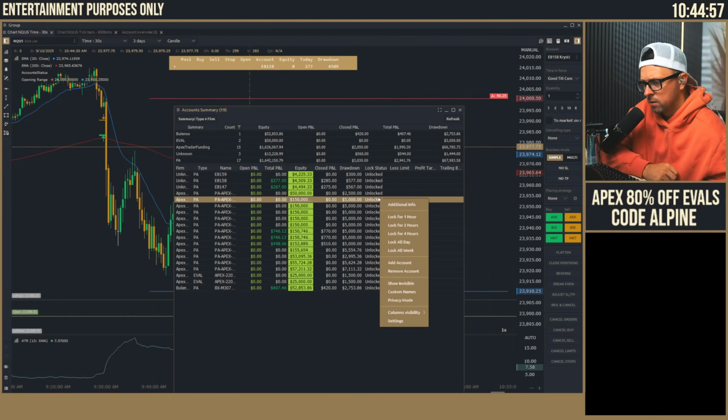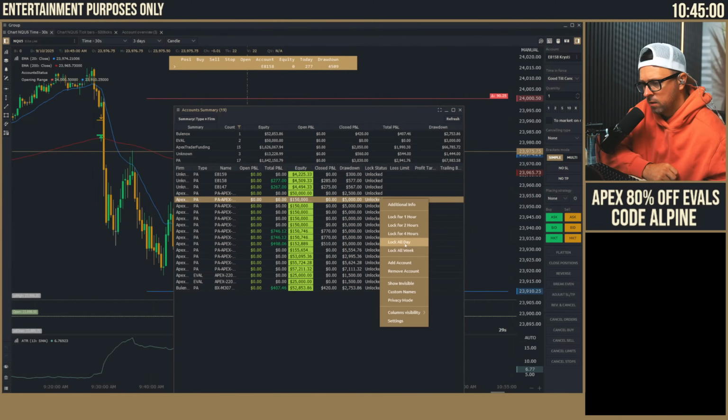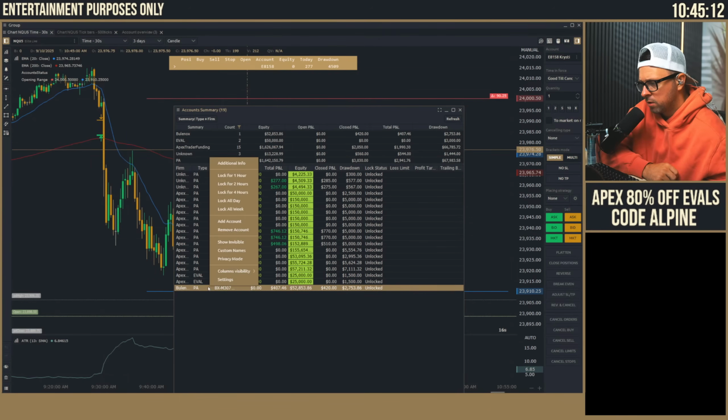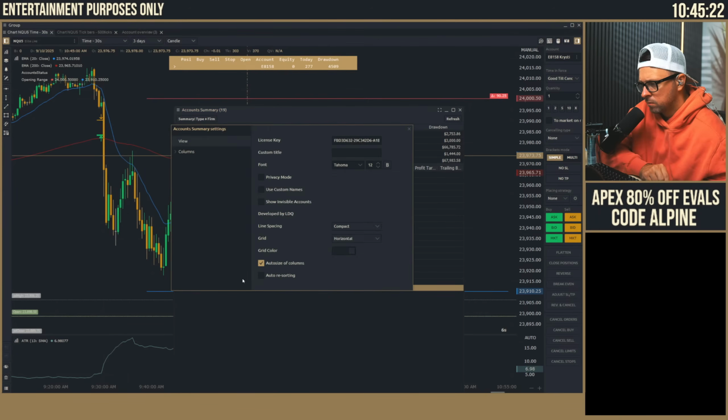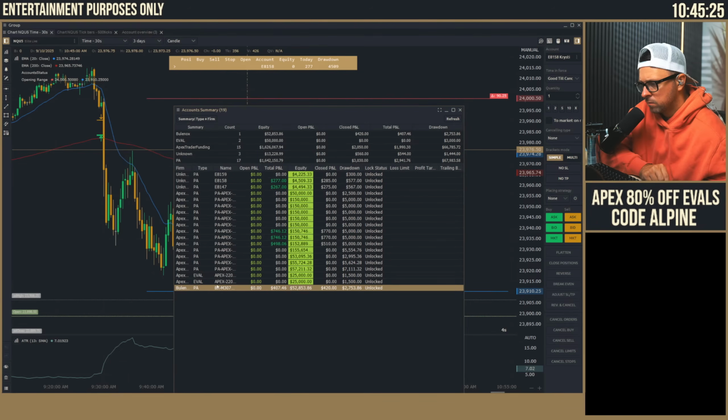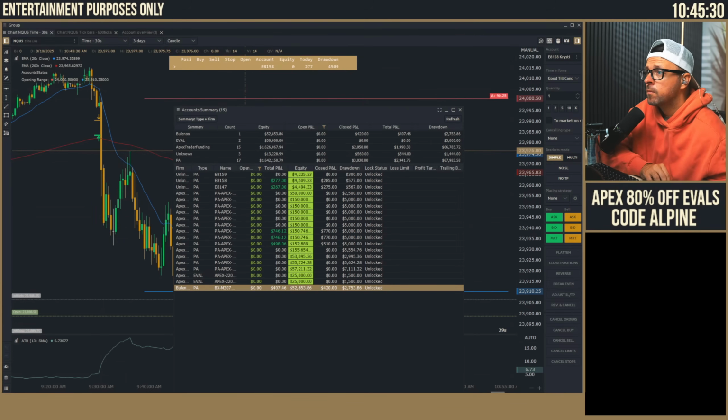And the cool thing is now you could lock your account, see? But how about risk management? Pretty sure there was a risk management aspect to this. Yep.